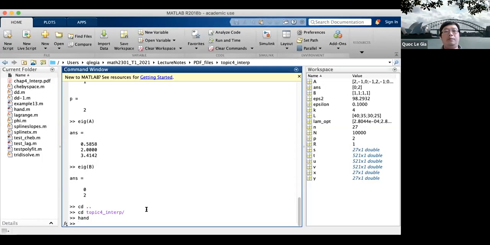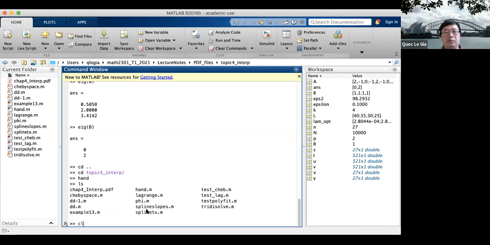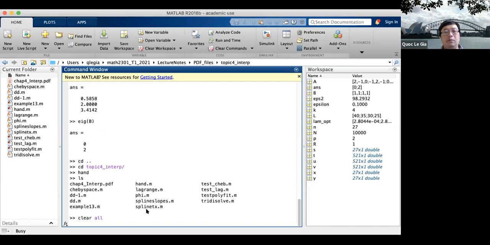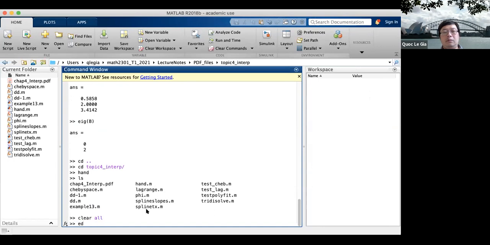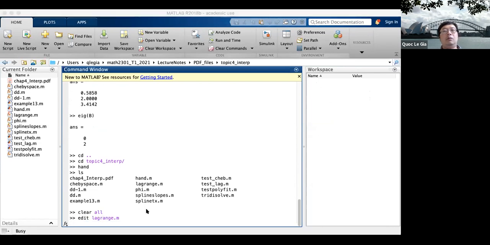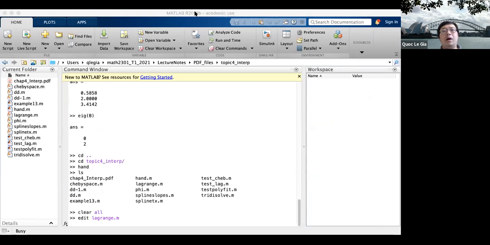How do we implement this Lagrange polynomial? Can you see my editor?